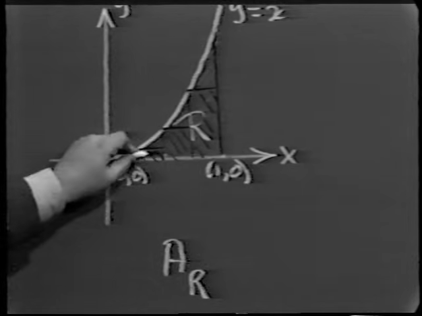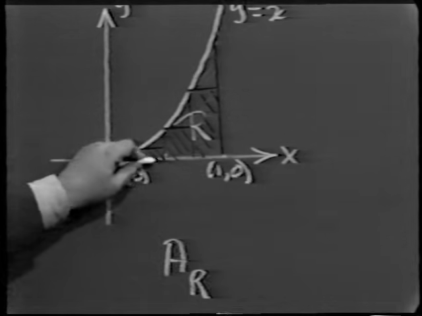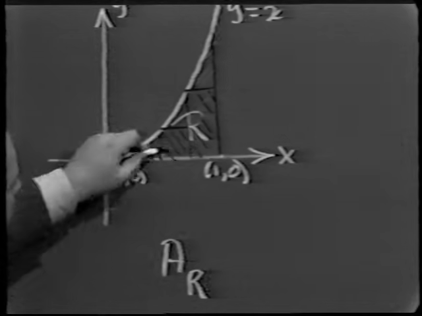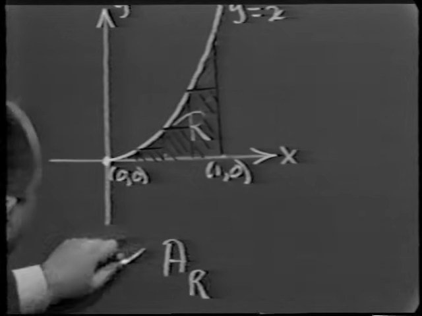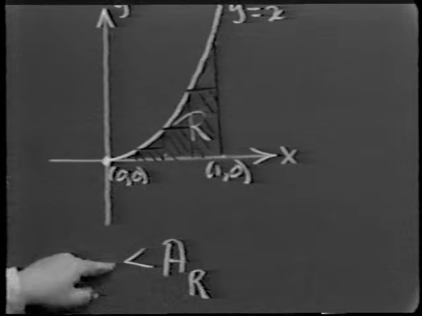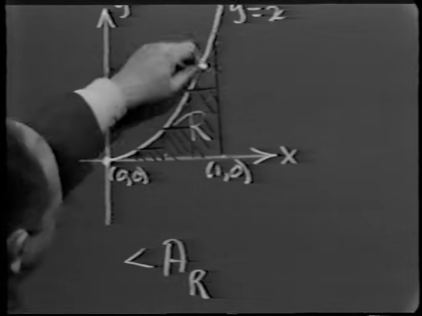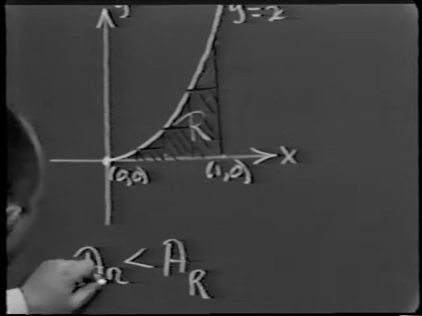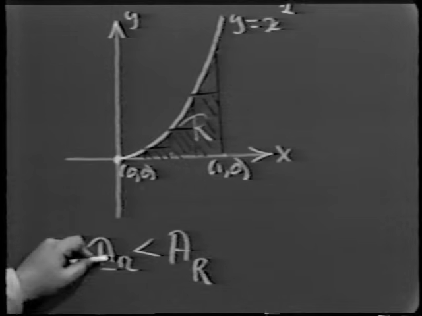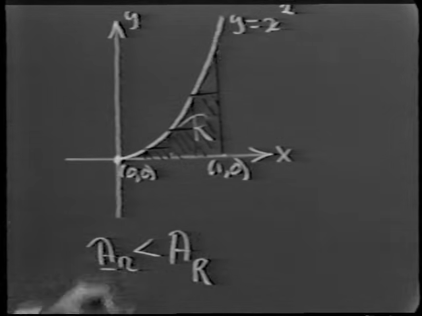Knowing that the area of the rectangle was the base times the height, they would add up the area of each of these rectangles and know that whatever that area was, that would have to be too small to be the right answer because that region was contained in R, and that would be labeled A sub n lower bar, say, to indicate that this was a sum of rectangles which was too small to be the right answer.